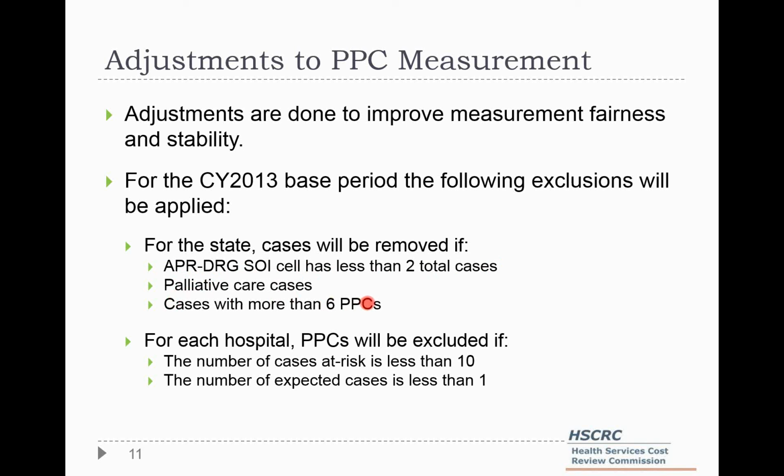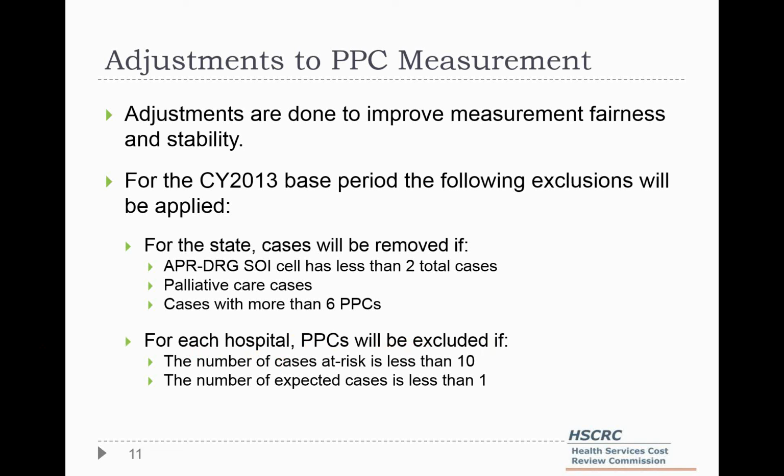We remove palliative care cases and cases with more than 6 PPCs. These are considered catastrophic cases that are generally outliers. Last week when I gave this presentation, it said we removed these for each hospital, and that was incorrect. It is at the state level that we make those case level removals.